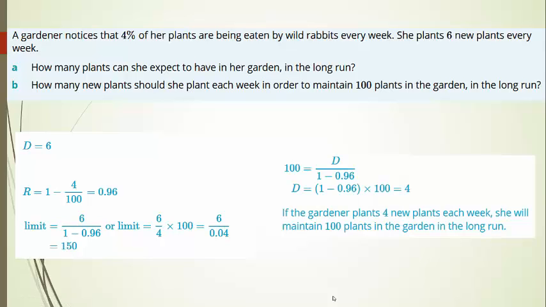In this case, we know that she wants 100, so 100 is the limit. 100 is going to be D, we don't know, divided by 1 minus 0.96 as before. And if you multiply 100 by 1 minus 0.96, you will get the answer 4. So she has to plant 4 new plants each week, and she will therefore get 100 plants in the garden in the long run.